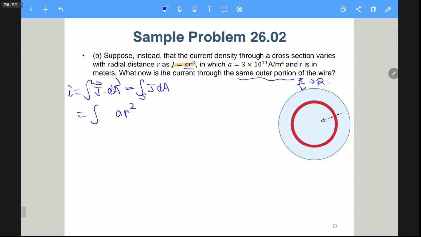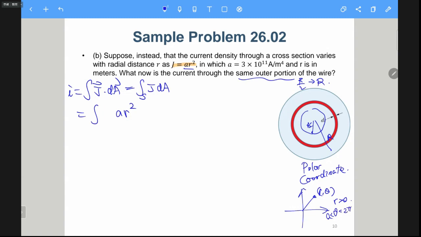And of course, we would like to integrate this from R over 2 to R. So probably we should use polar coordinates. In polar coordinates, R is larger than 0 and theta is between 0 and 2 pi.